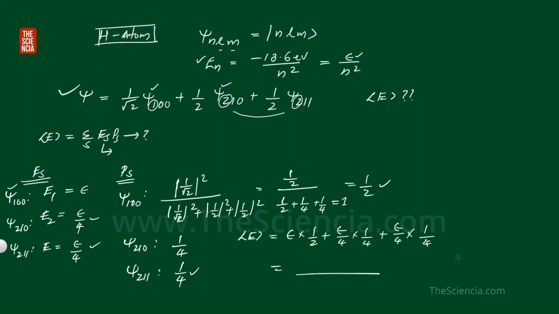Finally you will get an expression in terms of E, so you have to substitute for E, that is minus 13.6 eV. Here also the only difficulty is that you should be familiar with the energy expression of the hydrogen atom. So please remember this expression.